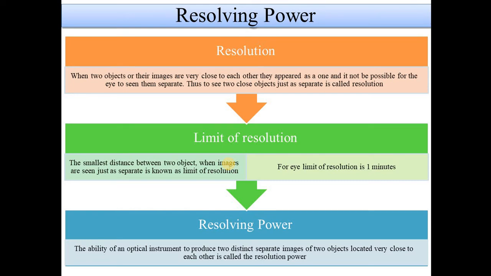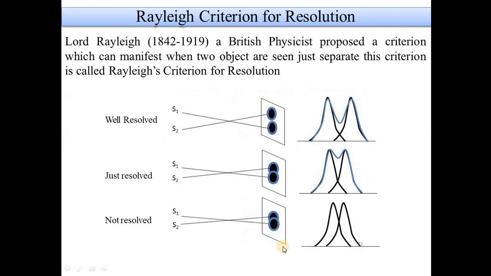That is the ability of an optical instrument to produce two separate distinct images of two objects that are placed very close to each other, and you have studied these definitions in your +2 classes.